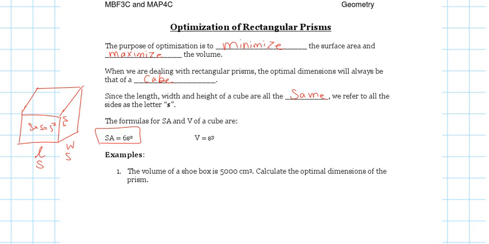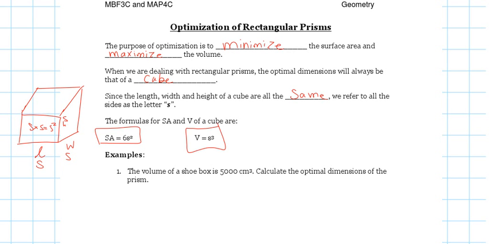Length times width times height. In this case, the length is S, the width is S, and the height is S. So what does this become? S cubed. So the volume of a cube is S cubed. Are we okay with the formulas?